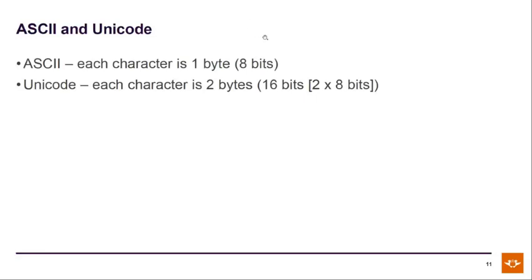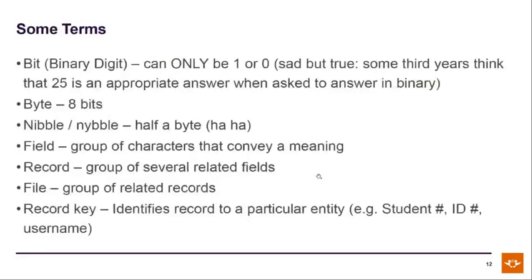It's still up to you. If you have an English-based website, then ASCII is more than enough. But the moment you go over to other languages where you need special characters, you need to start considering Unicode, because not all of those special characters are in ASCII.